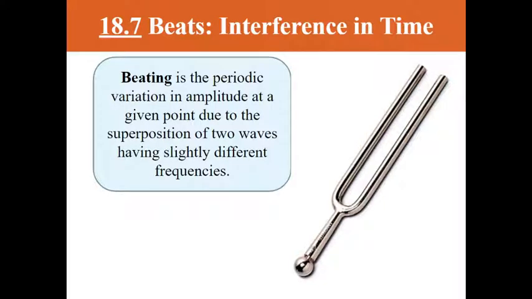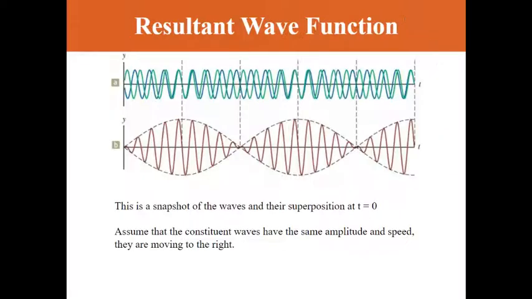By beating, we mean that in the sound there's some periodic variation in the amplitude at any given point. That given point could be your ears, because you have two waves of slightly different frequencies superimposing, creating this variation in amplitude, which for ears is just a variation in sound.